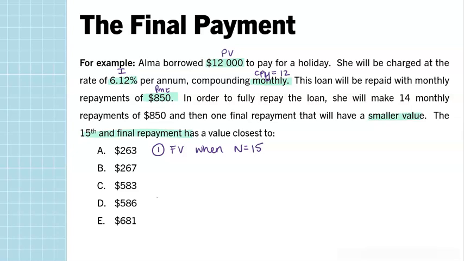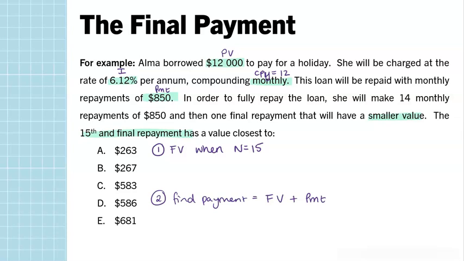Then step 2 will be to add that future value, so our final payment will be our future value plus our regular normal payment that's being made.